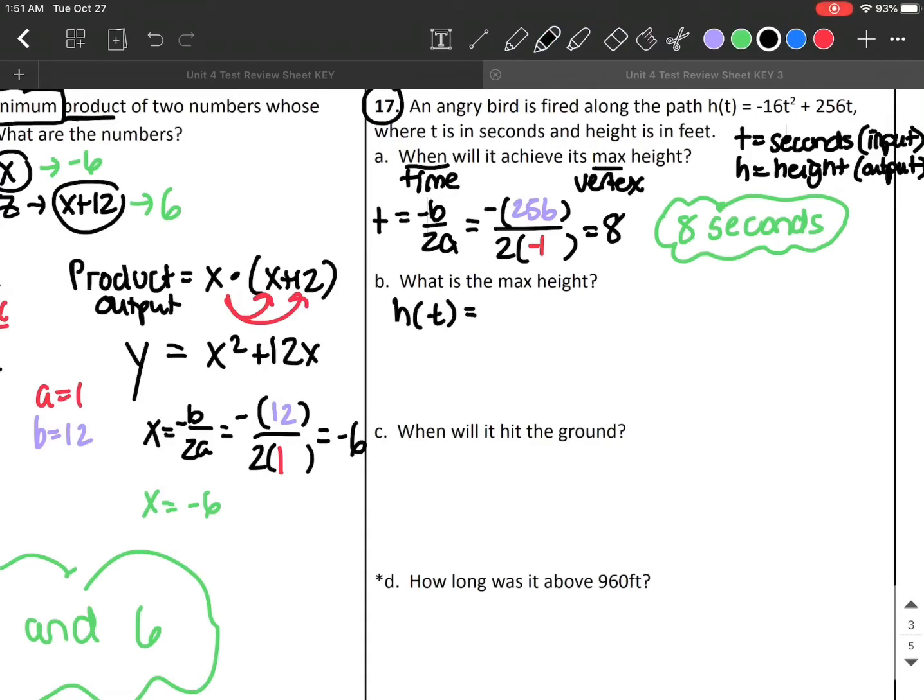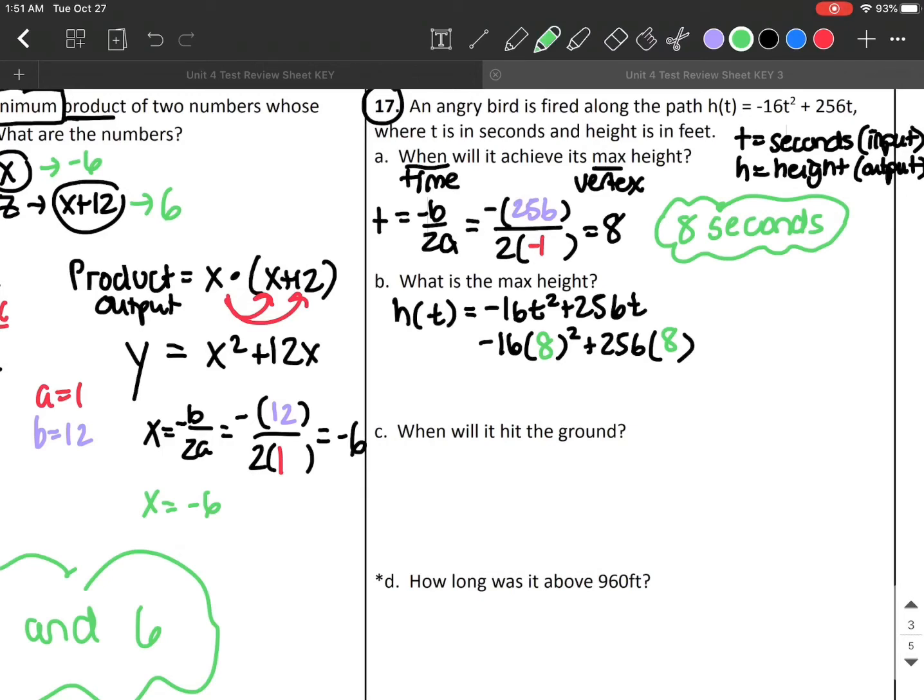Using the formula that was given to me, h of t is negative 16t squared plus 256t. I'm plugging in 8 everywhere I see a t, and then I'm just going to do this all on my calculator. Make sure you're doing 8 squared first. Powers or exponents and parentheses come before anything else.